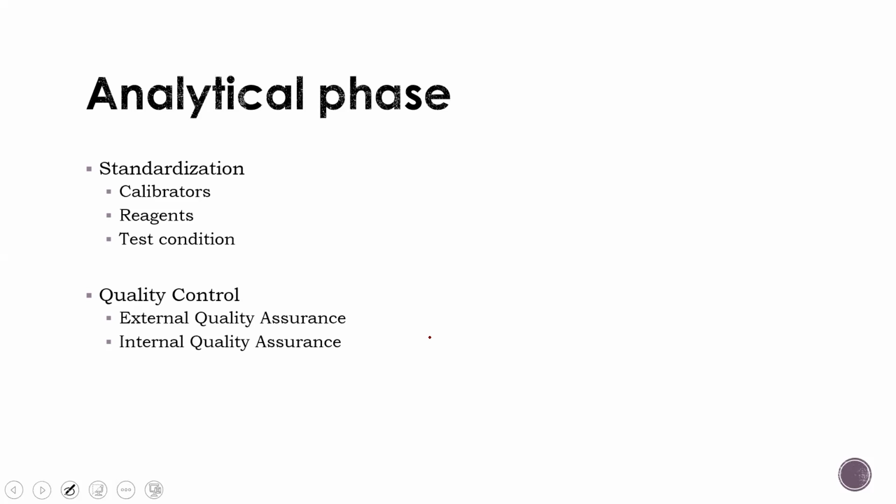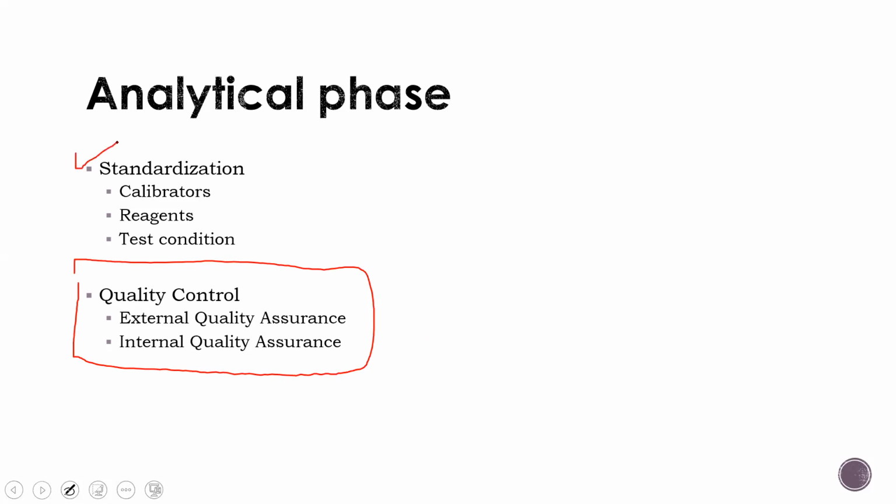Next, we go to the analytical phase. This is actually the bulk of our discussion today in the analytical phase, specifically in terms of quality control. How do we carry out quality control in analytical process? So, in analytical process, meron tayong tinatawag na standardization.